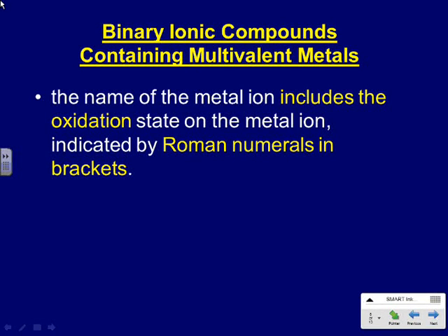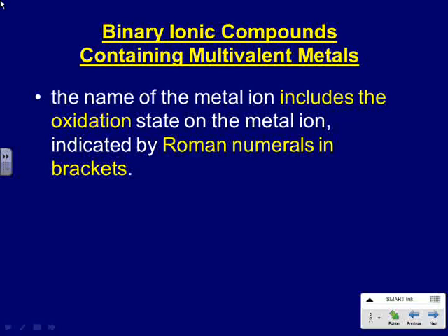Let's now talk about multivalent ones. And then we'll mix them all together and see if we can pull them apart. So now we're dealing with the ones with the Roman numerals. It means that if I'm doing a formula and I'm told the Roman numeral, it's easy.